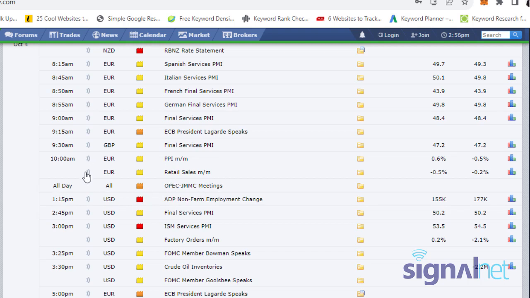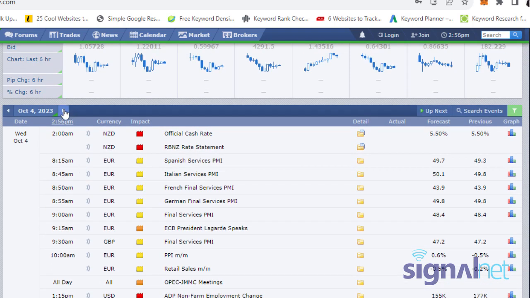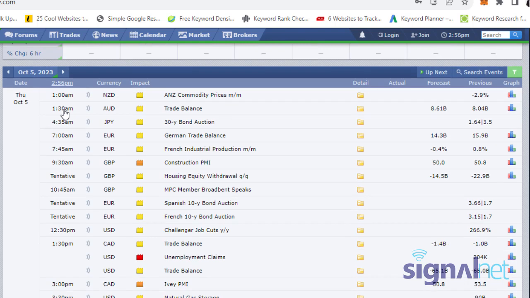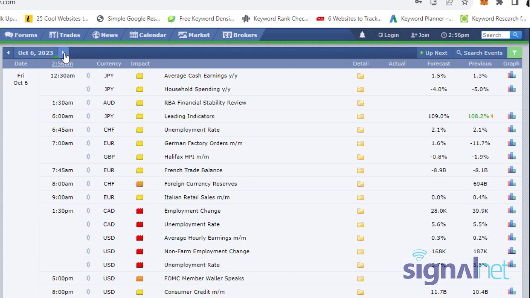I'll look forward to trading this on Wednesday. Then on Thursday, okay, on Thursday, we also have news in the afternoon. Then on Friday is non-farm payroll.